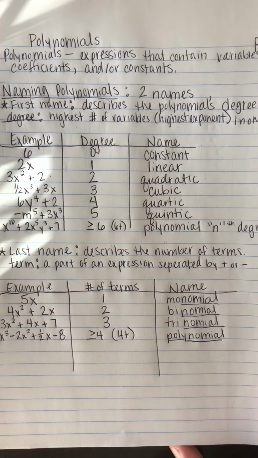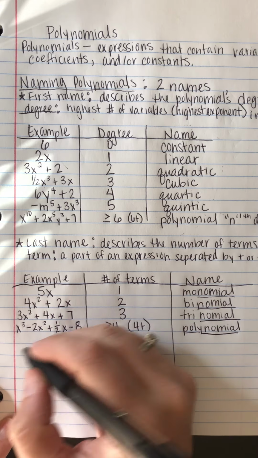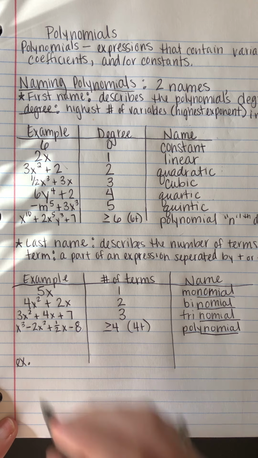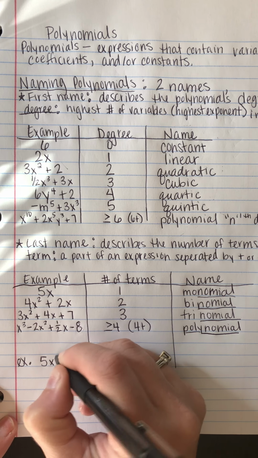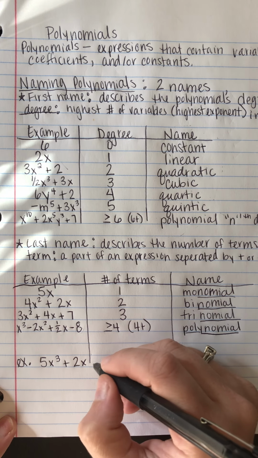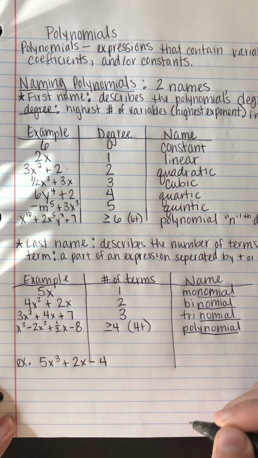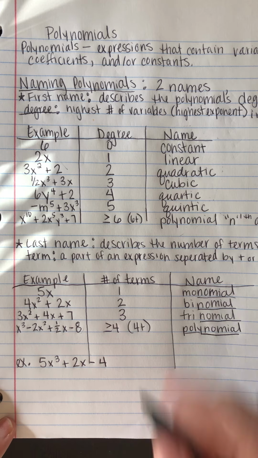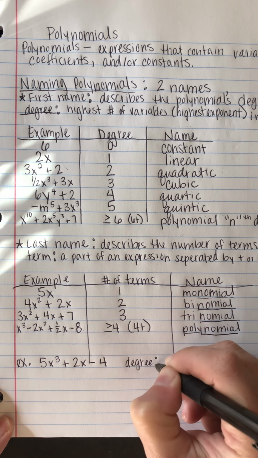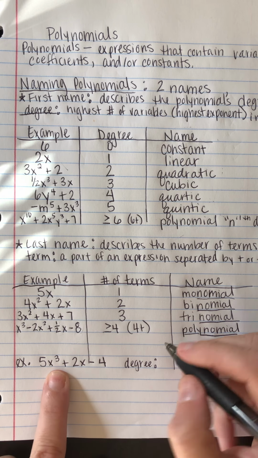The first one that we're going to do is going to be 5x to the 3rd plus 2x minus 4. All right, so our highest degree here is going to be 3.